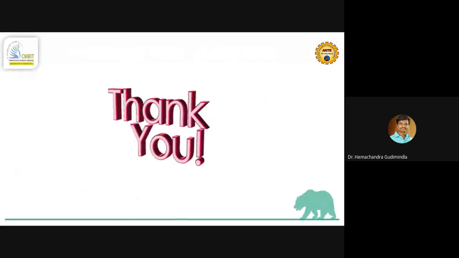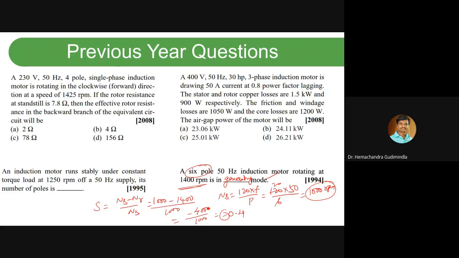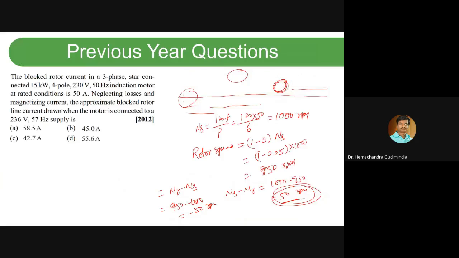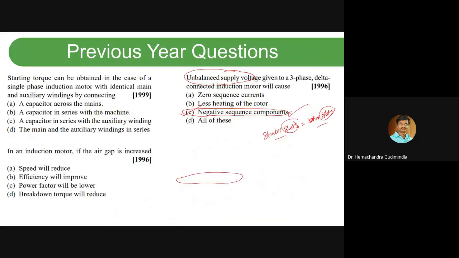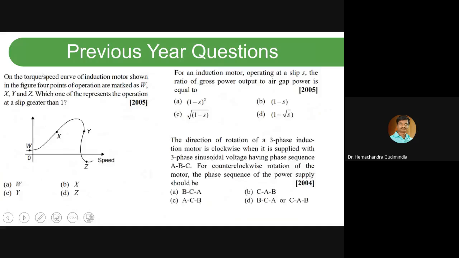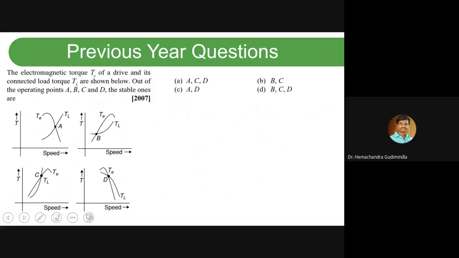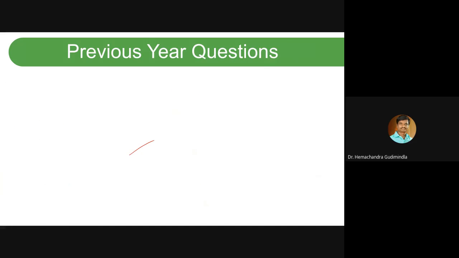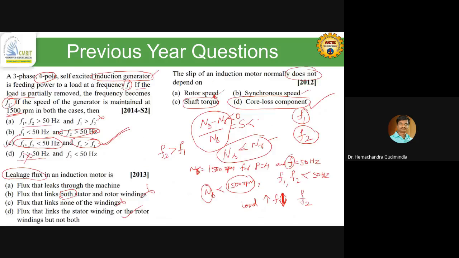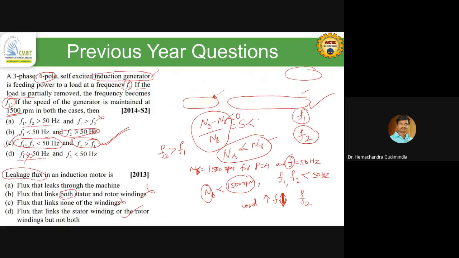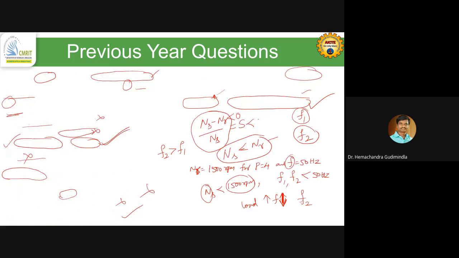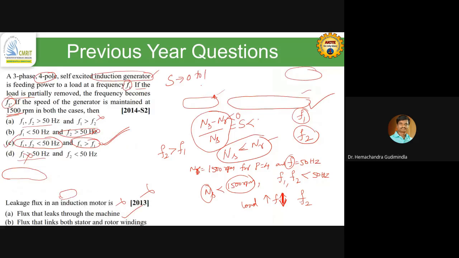right? So thank you. These are the few basic problems or basic concepts we discussed from the induction machine or induction motors. Basically in this class, the equilibrium point calculation, and how the slip will vary, slip will vary from 0 to 1, right?